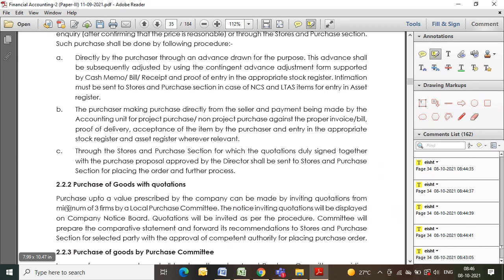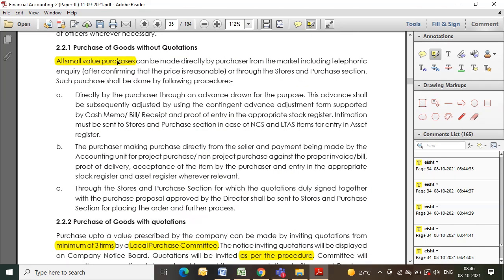There can be a question asking what are the minimum quotations required? 1, 3, 5, 7. Answer is 3. So a purchase committee will look into that. There's a procedure here. That procedure has to be followed. But if you are not calling for quotation, those will be small materials only.